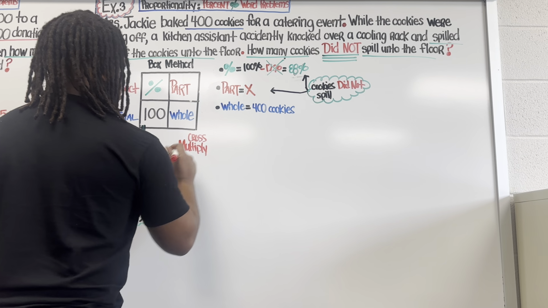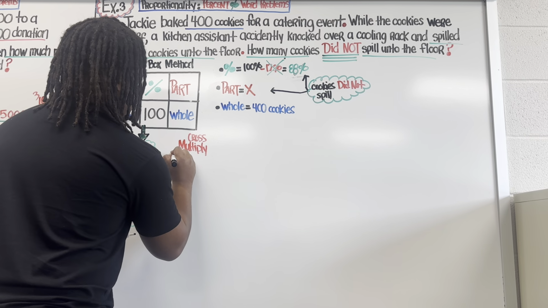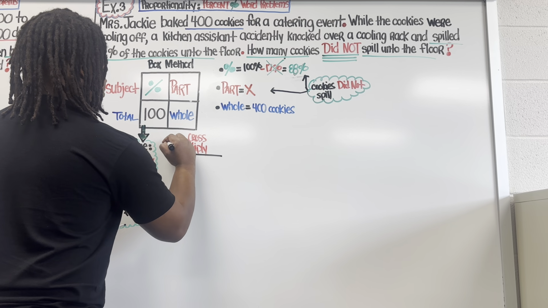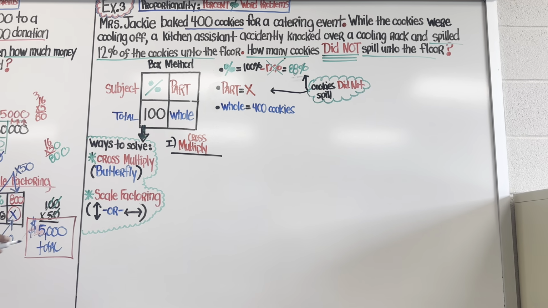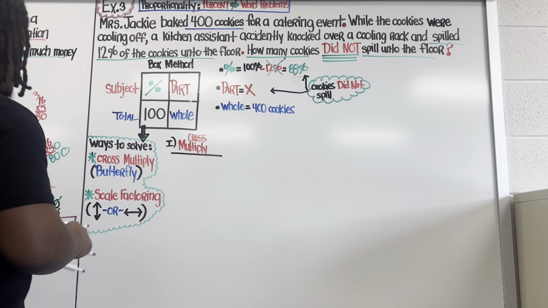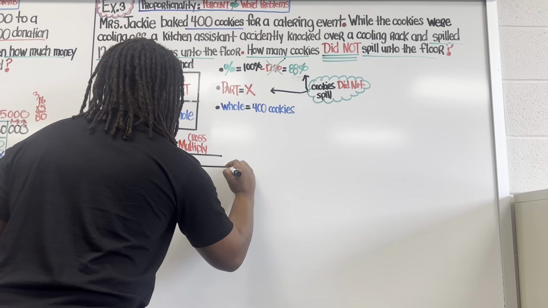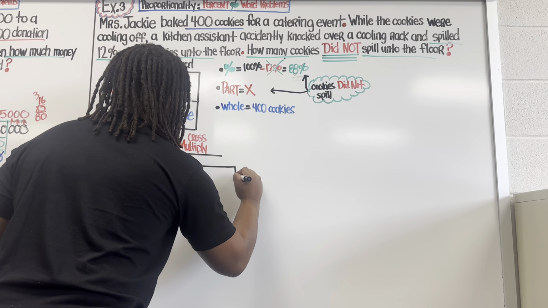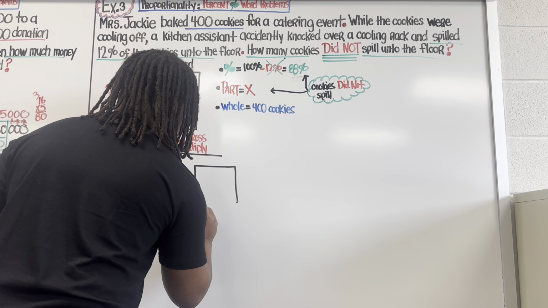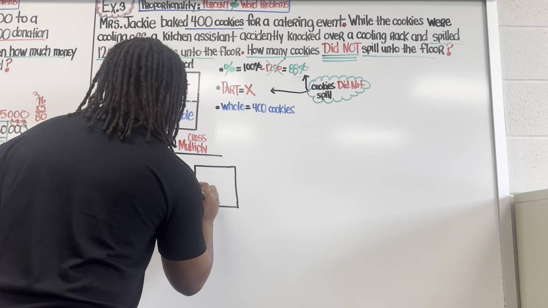Cross multiply, okay? So first, guys, we're going to cross multiply. I'm gonna let you know that's the first method we're gonna use, okay? Go ahead and draw the box method. And I want us to label our rows. It's always good to label your rows because that will help you put the values in their correct positions, okay?